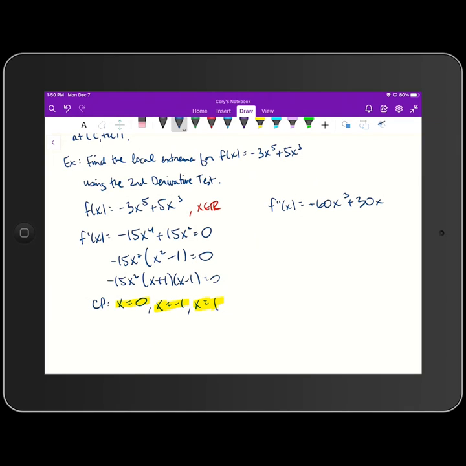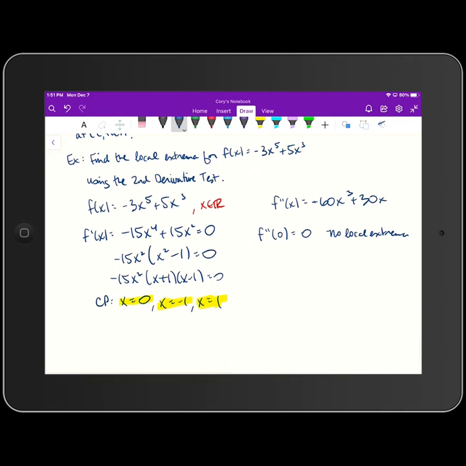When we evaluate the second derivative at 0, it equals 0, which means the function is neither concave up nor concave down, which means there is no local extrema at the point 0, 0. Again, I plug 0 into the original function to get the y-coordinate at that point.